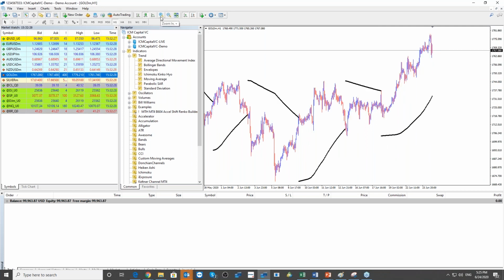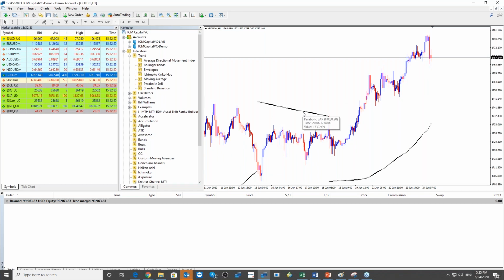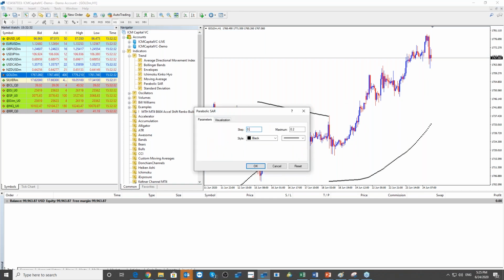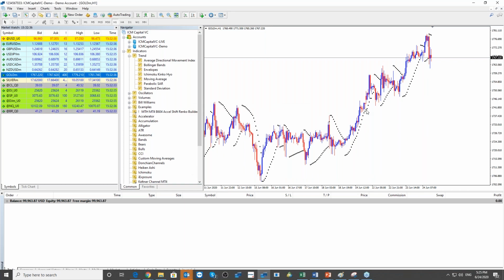So similarly to what Sai was explaining, by using the default numbers, 0.02, when the price crosses above the SAR, the falling dots, it's a buy signal, and when the price crosses below the SAR, the rising SAR, usually it is a sell signal. So that's it.